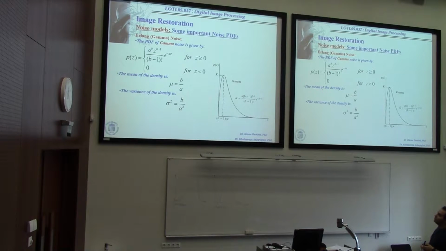You have to memorize this shape or PDF of the noise, because later we have to estimate the noise that is in the image. Something like this.